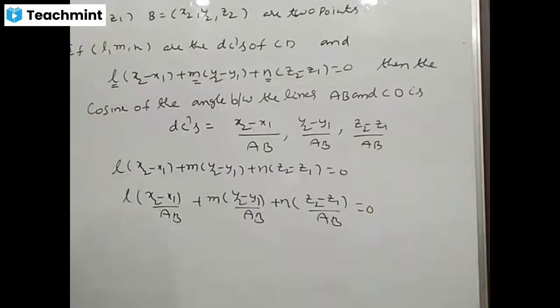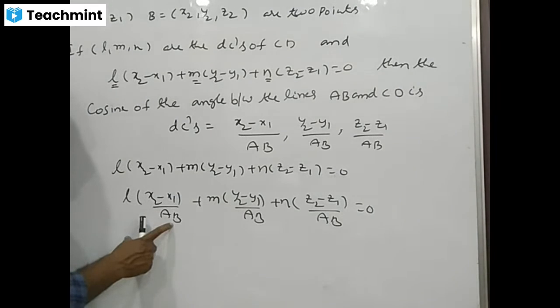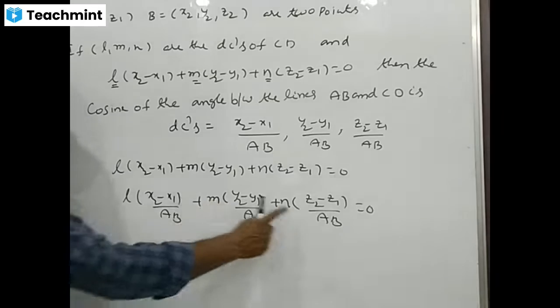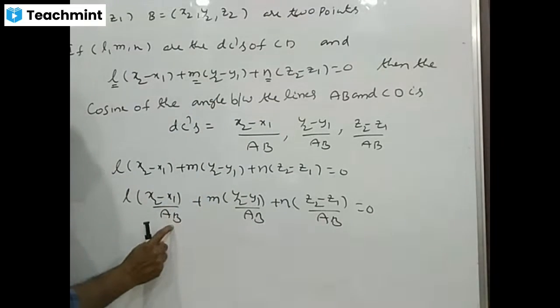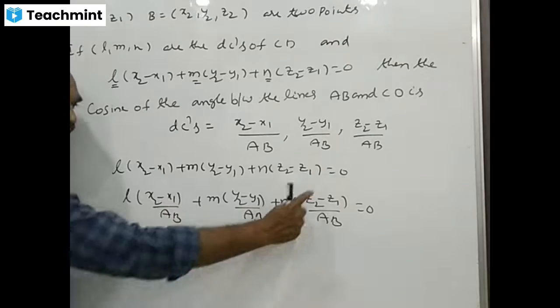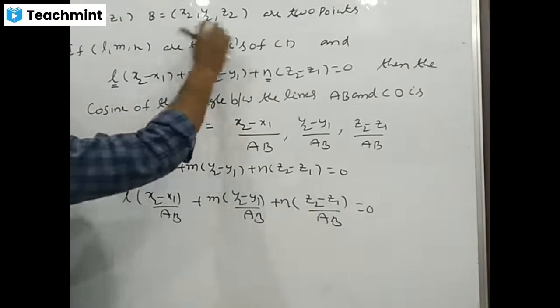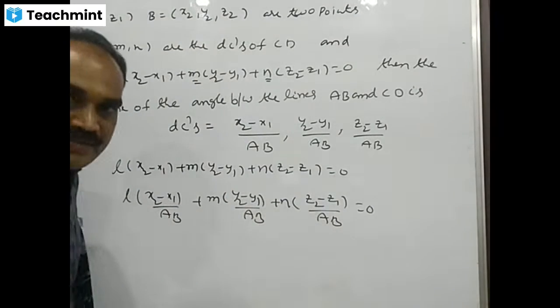Friends, all of you look at the board. This is direction cosines of L1. These are direction cosines of the second line. l, m, n are the direction cosines of CD. (x2 minus x1) by AB, (y2 minus y1) by AB, (z2 minus z1) by AB are direction cosines of AB.